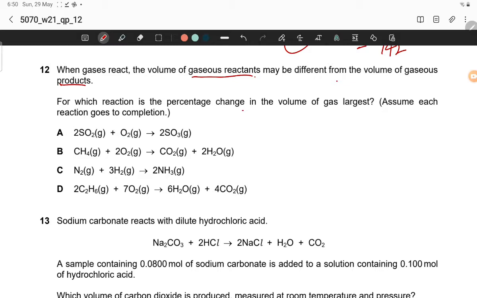Sulfur dioxide, 2 moles of sulfur dioxide produces 2 moles. Moles are directly proportional to the volume of gas.